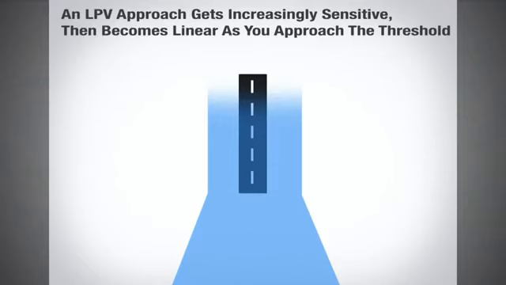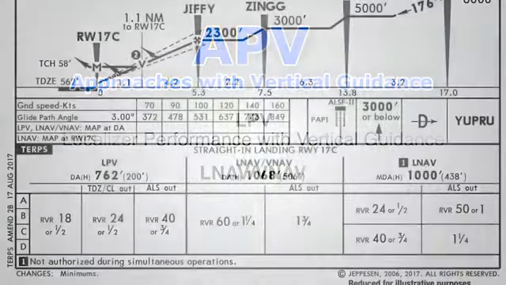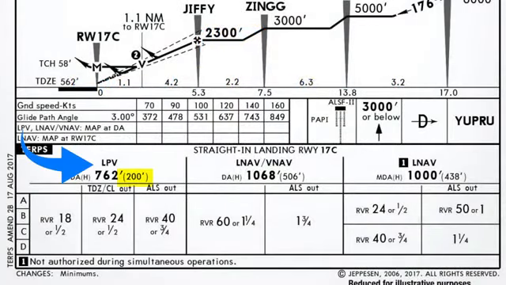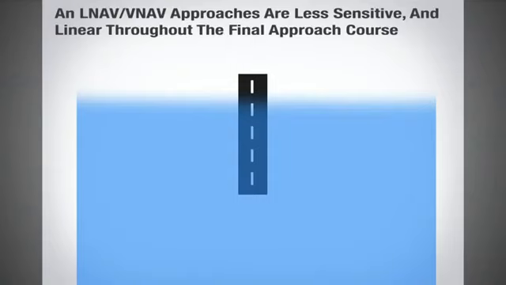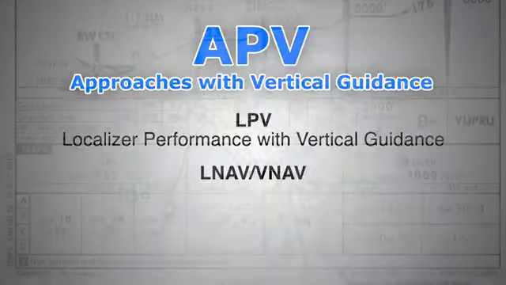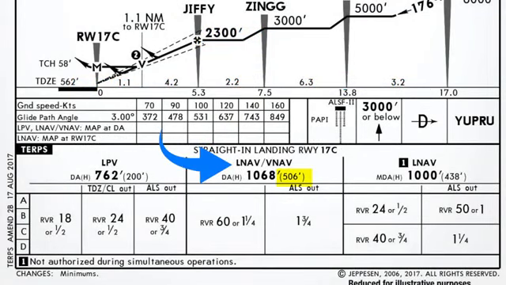And normally the decision height associated with LPVs is usually 200 feet above aerodrome level, so as low as an ILS Cat 1. LNAV/VNAV does not, meaning the sensitivity does not increase. It remains almost constant. This is why the minimums or decision height of LNAV/VNAV are higher than those of LPV. This is the first difference.